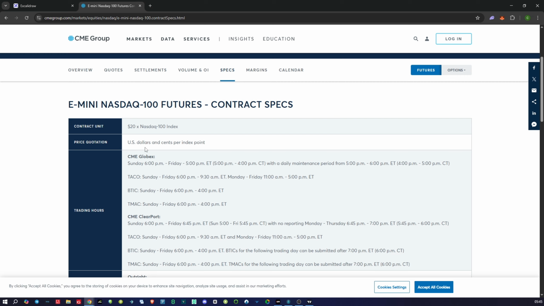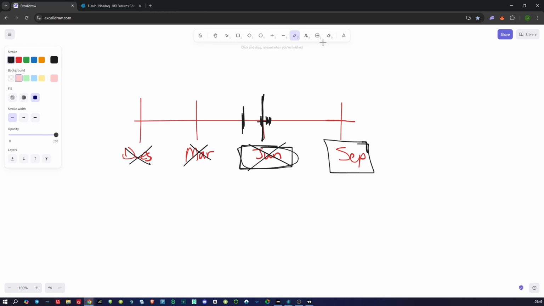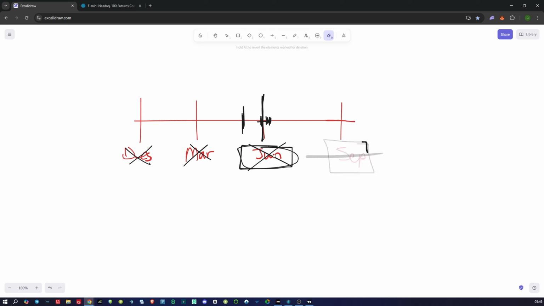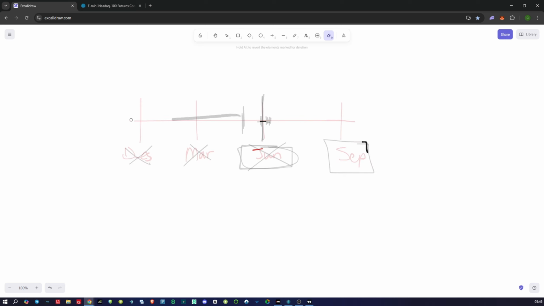talking about a contract size for the Nasdaq NQ. We have things called ticks and points in the Nasdaq.